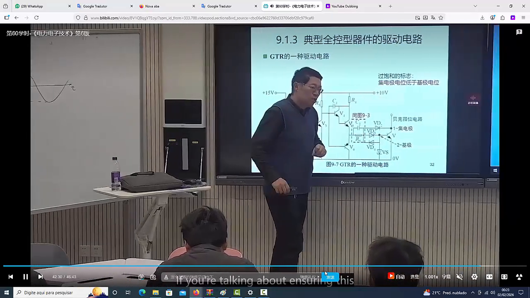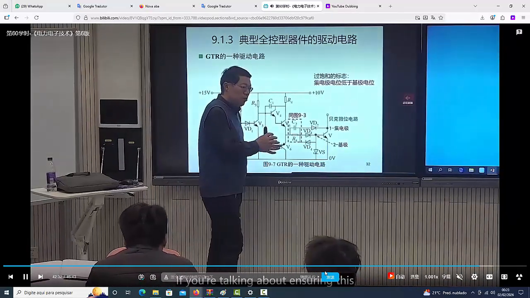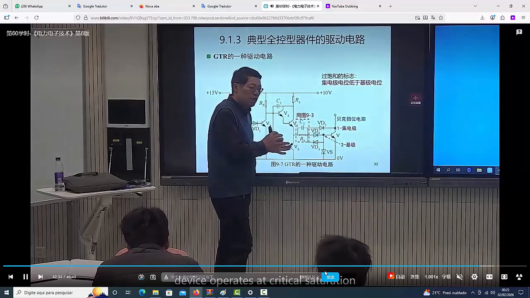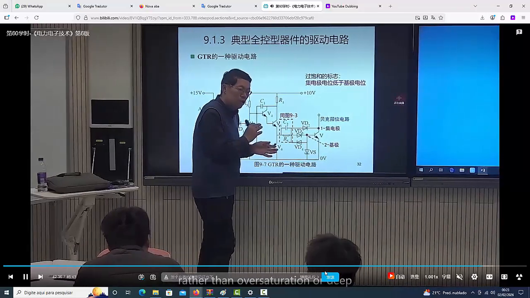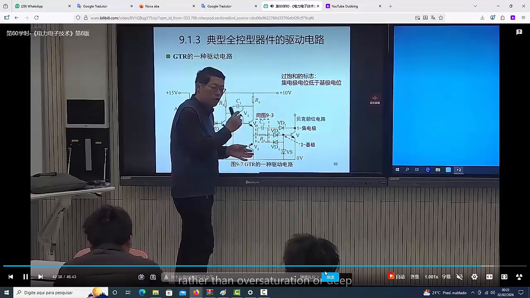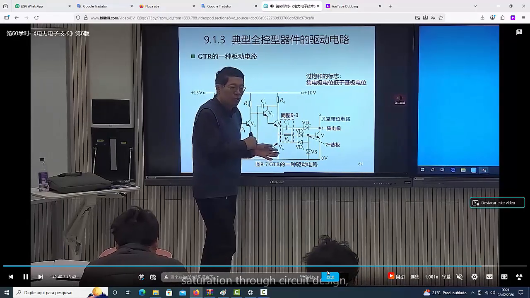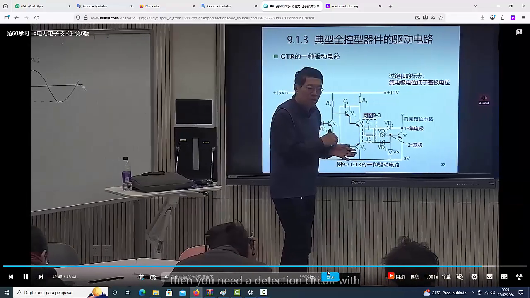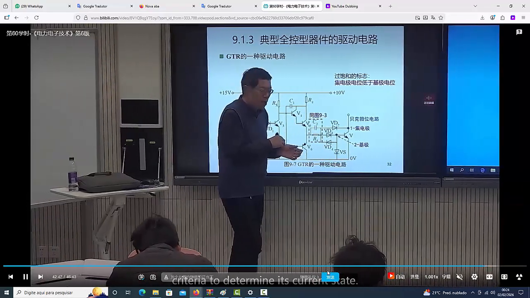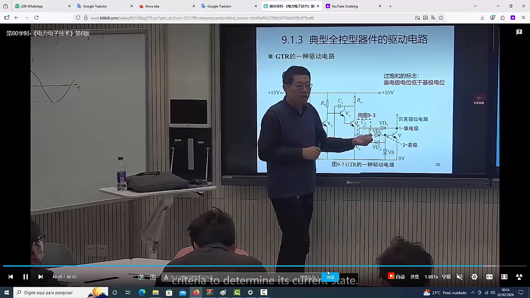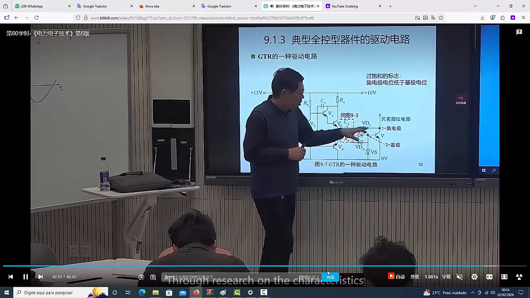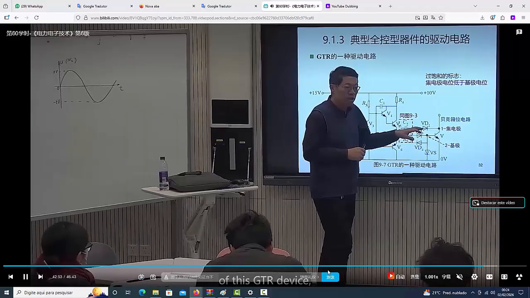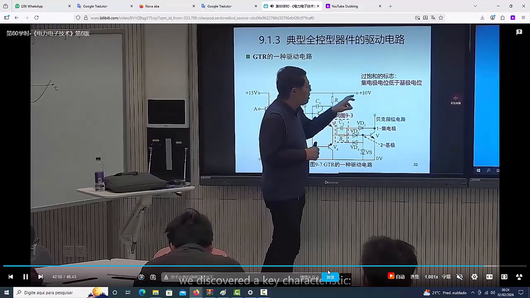If you're talking about ensuring this device operates at critical saturation rather than oversaturation or deep saturation through circuit design, then you need a detection circuit with criteria to determine its current state. Through research on the characteristics of this GTR device, we discovered a key characteristic.